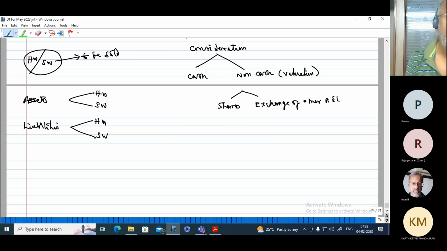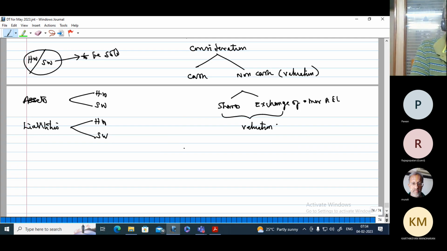Say for us, we wanted to specialize only in hardware, so hardware assets and liabilities only we want, so we are taking that up. Correct. Now this is a place where valuation will come into the picture. That is the reason why we have said actual or notional.